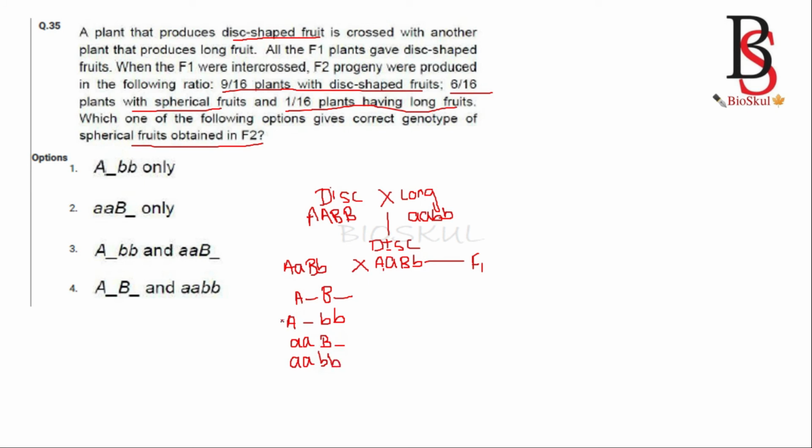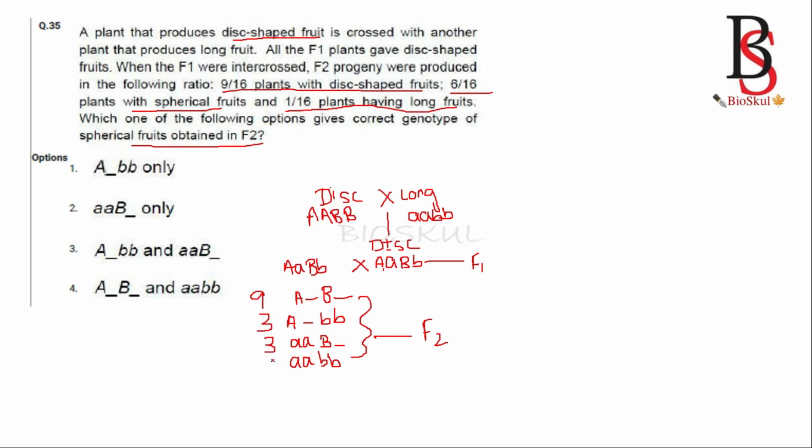Okay, it will be formed in the F2 generation with the dihybrid cross ratio of 9:3:3:1.